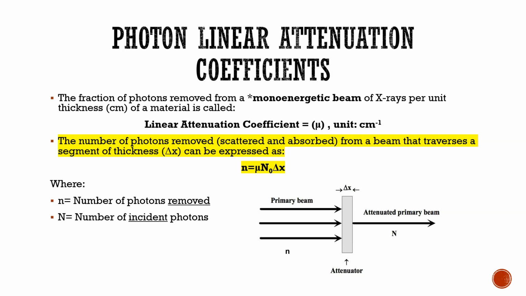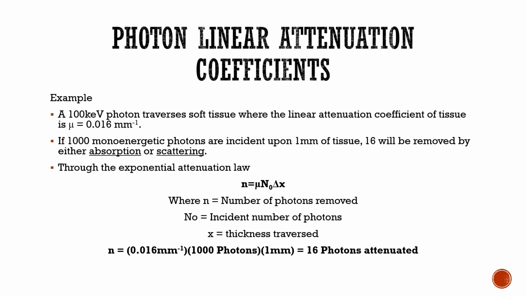This can be expressed as n = μ N₀ Δx, where lowercase n denotes the number of photons removed, and capital N₀ denotes the incident number of photons that comprise that beam.